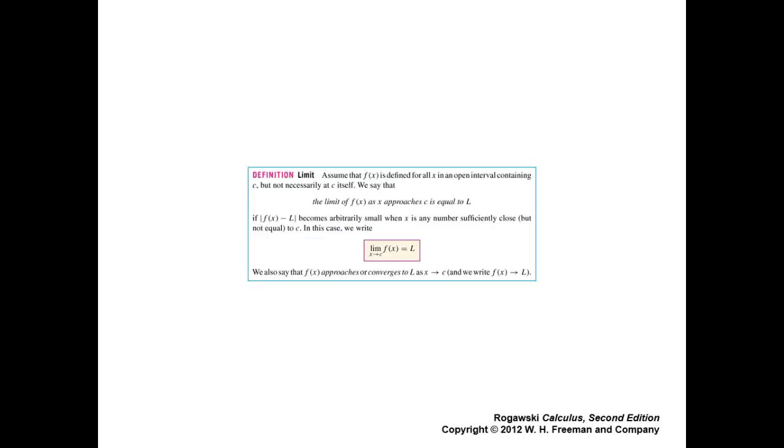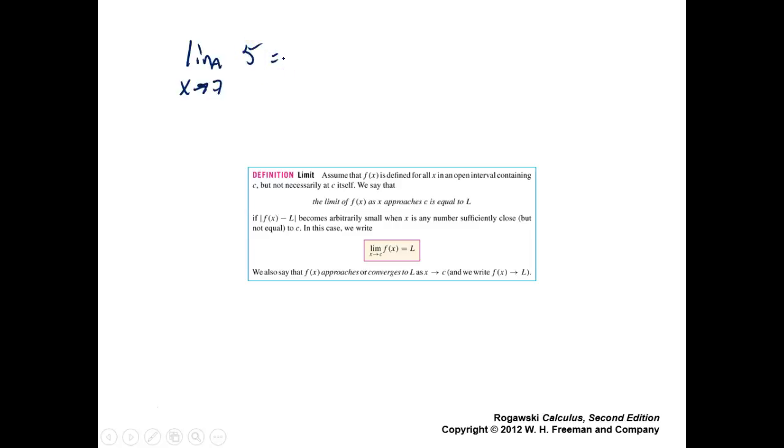Before we get to theorem 1, let's do an example. It says use this definition right here to verify the following limit: the limit as x approaches 7 of 5.